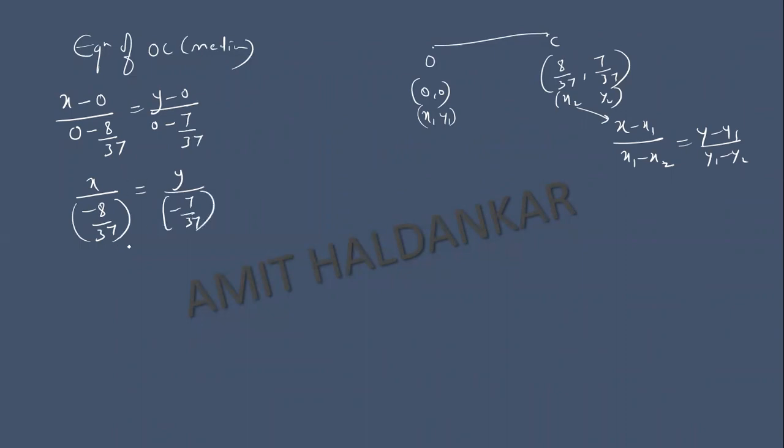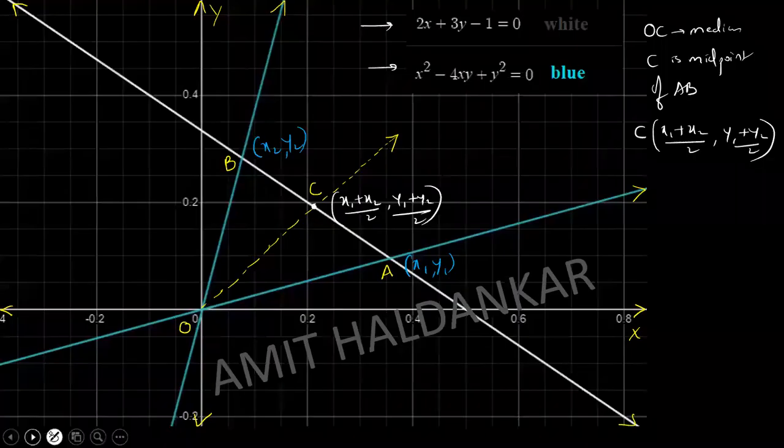So when you cross multiply this, 37, 37 will cancel, minus minus will cancel, you will get 7x is equal to 8y. Therefore, 7x minus 8y is equal to 0 is the answer. So this is your final answer. 7x minus 8y is equal to 0. This is the equation of the median.